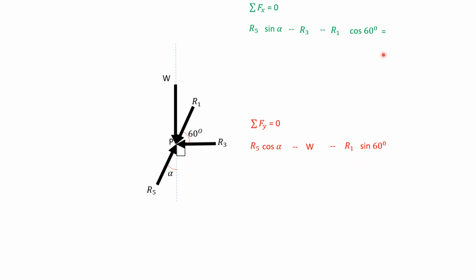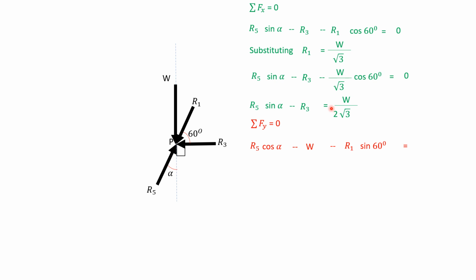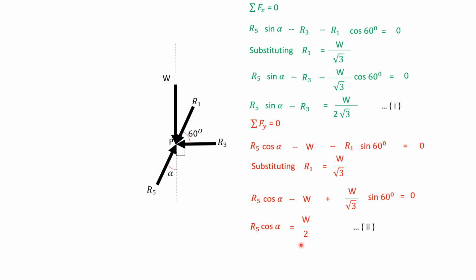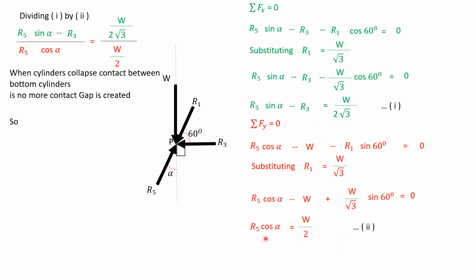Equal to 0. Substituting for the R1 value, we get an equation in R3 and R5 and W. Now dividing 1 by 2.